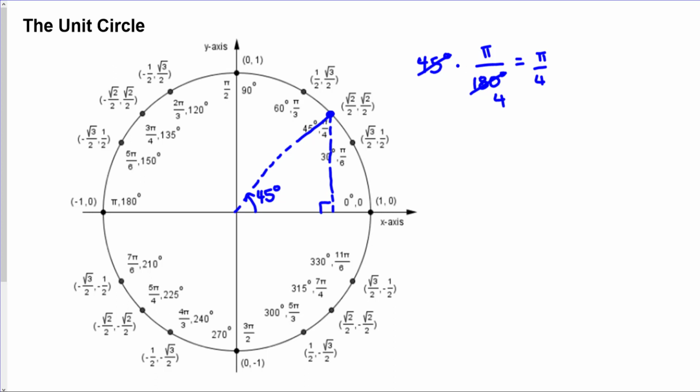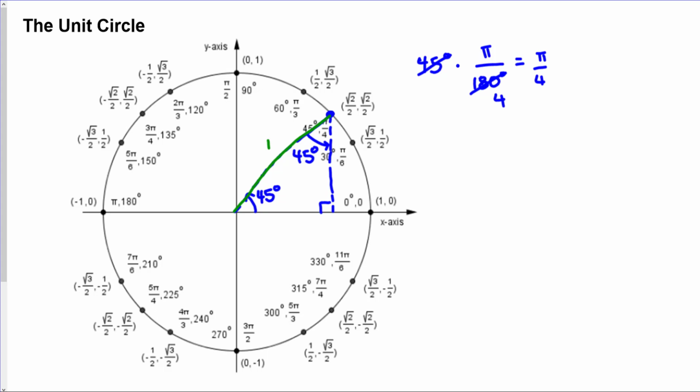So because that angle measure is 45, and this is a right triangle, this other angle measure is also 45 degrees. So this is a 45, 45, 90 triangle. And I'm on the unit circle, which means this distance from the origin to this point is 1.